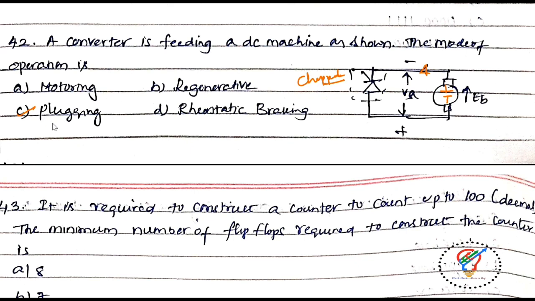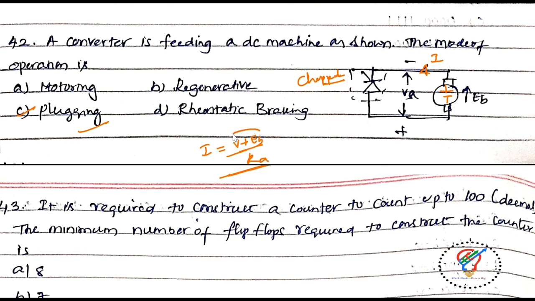In plugging operation, what we do is we first run the machine as a motor, and by changing the terminals of the motor, the motor then acts as a generator. That means we generate opposite torque by using the plugging concept. In this plugging concept, the current is very high. The basic formula is I is equal to (V plus EB) by R. This is the basic concept in the case of plugging.